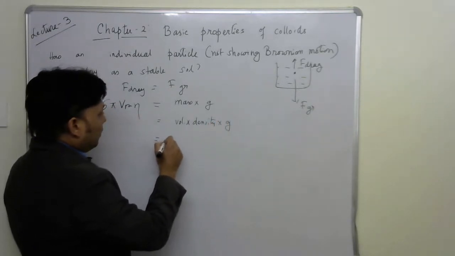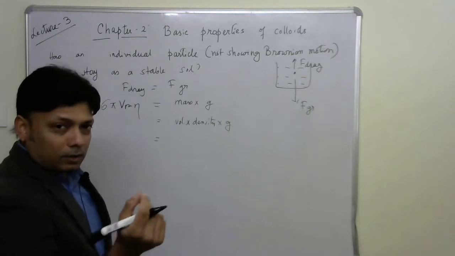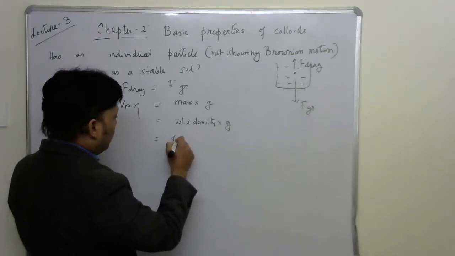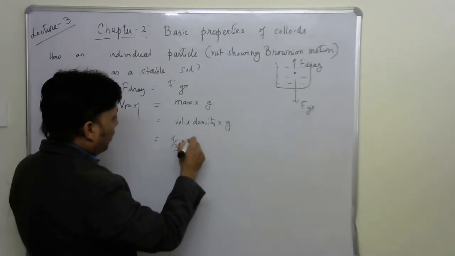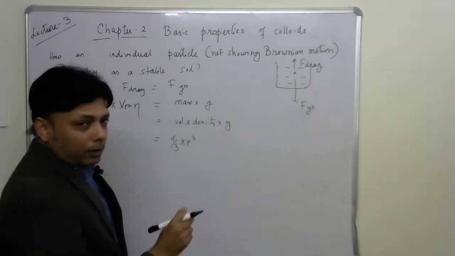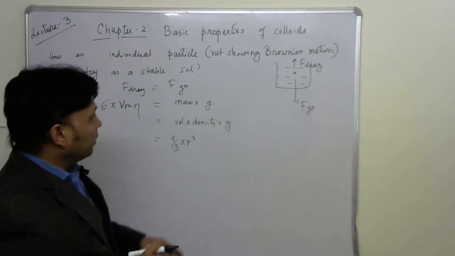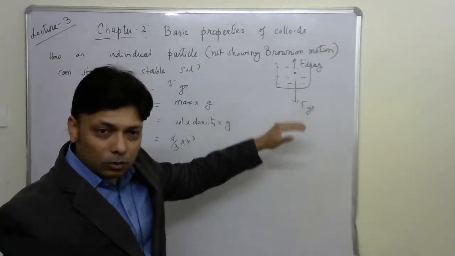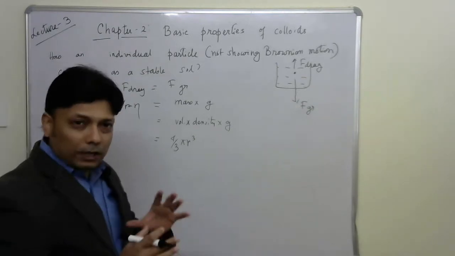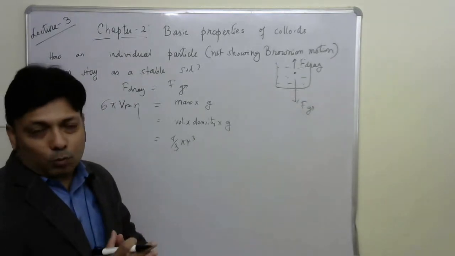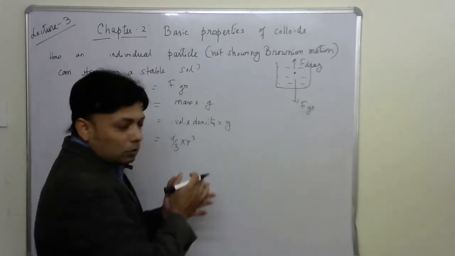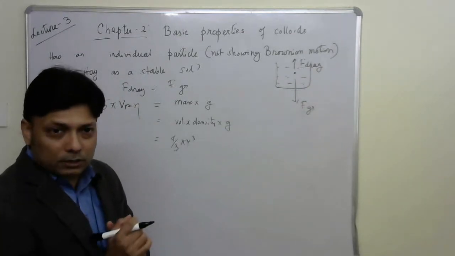Now if we think that the particle is spherical, the same r could define the volume, 4/3 pi r cube, multiplied by the density. Now here the only thing is the particle is actually inside the liquid, so that means we have to take care of the buoyancy, the buoyant factor. So the density that we are going to use should be the apparent density.